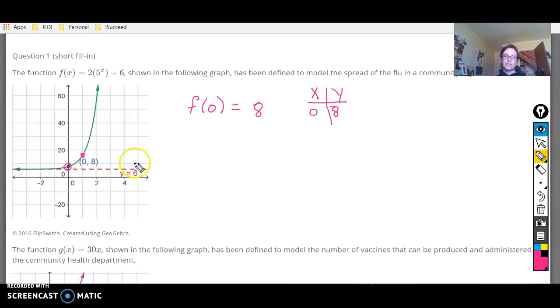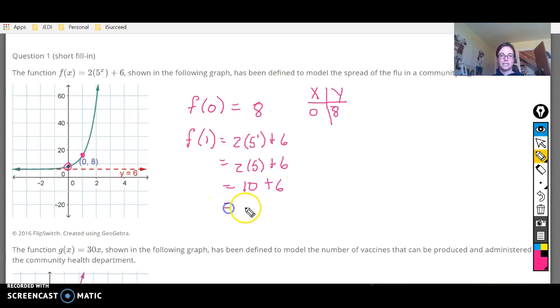I can see in my graph it's a little less than 20, but I want to know what it is for sure. So f at 1 equals 2 times 5 to the first power plus 6. 5 to the first power is 5, so 2 times 5 plus 6. 2 times 5 is 10, plus 6, 16. So when x is 1, y is 16.